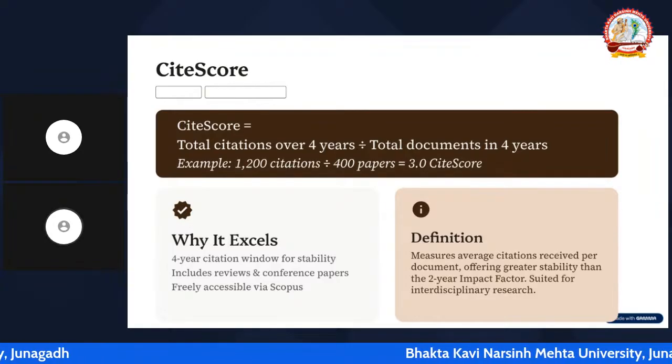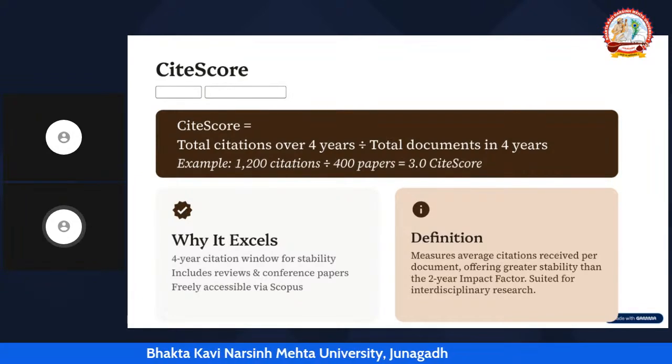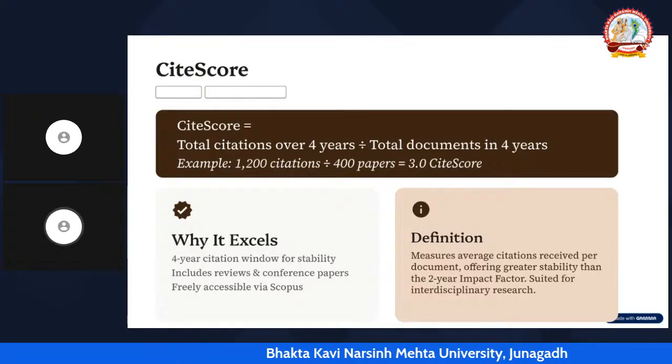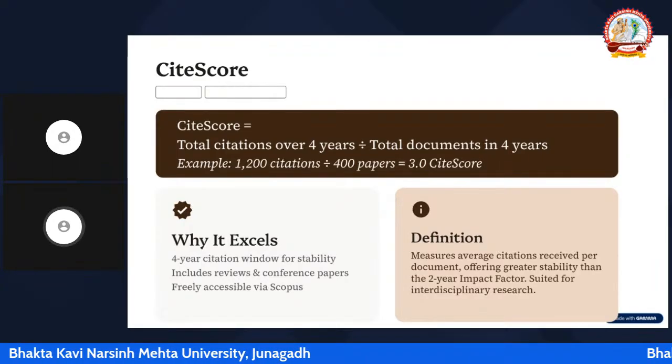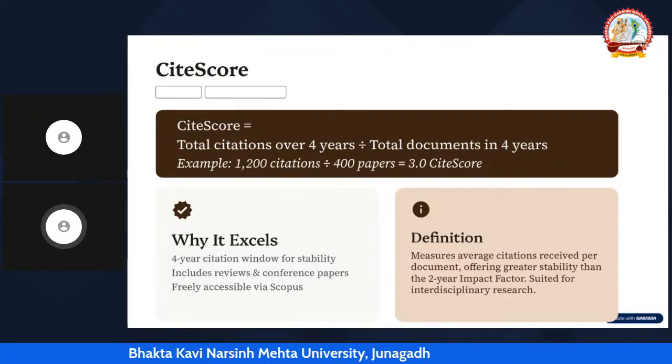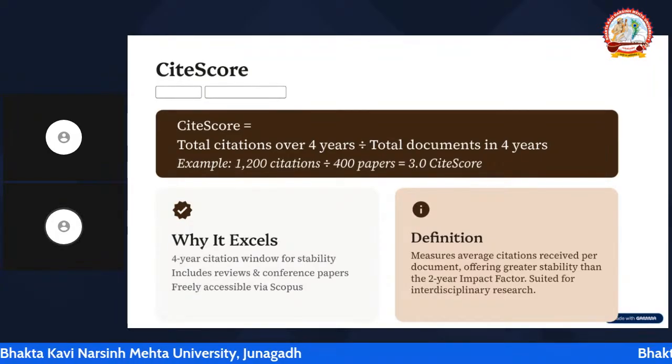Same here: total citations available in the last 4 years for a particular journal, divided by total documents, the articles receiving those citations. So it is the total number of citations divided by total documents in the last 4 years. Impact factor uses a window of 2 years, CiteScore uses a window of 4 years. Impact factor uses Web of Science journals, while CiteScore uses Scopus.